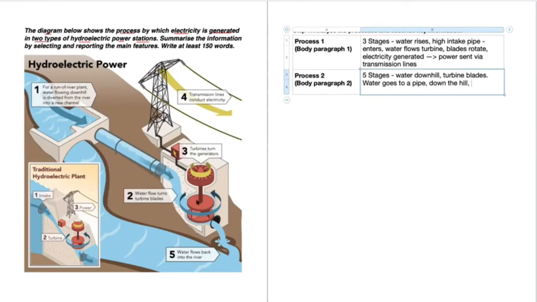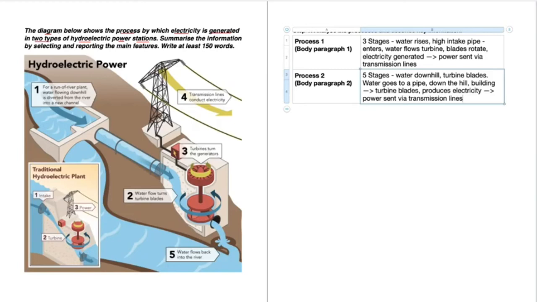So I'm going to say once it's in the building, the water causes the turbine blades again to rotate. This produces electricity. And then the power, it looks like, is conducted by transmission lines again to where it's needed or to customers. So I'm going to say again, power sent via transmission lines. I'll say it in a different way just to use our synonyms.